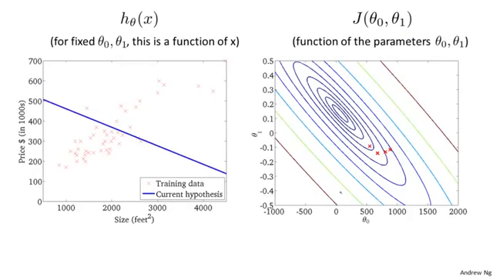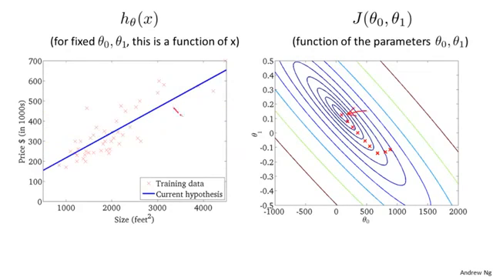As I take further steps, I'm going down in cost, so my parameters are following this trajectory. On the left, these correspond to hypotheses that are getting to be better and better fits to the data, until eventually I've wound up at the global minimum, and this global minimum corresponds to this hypothesis, which gives me a good fit to the data.